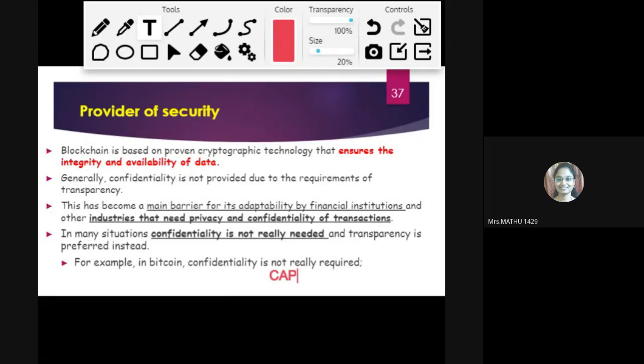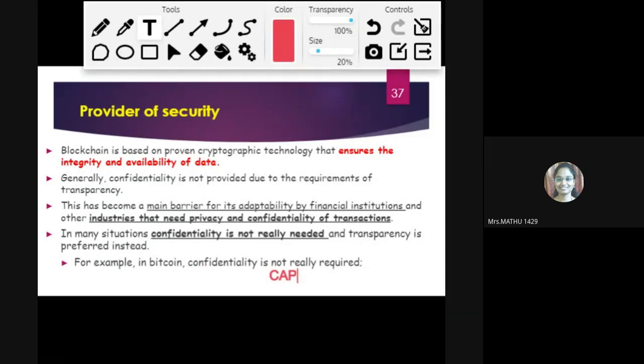But in distributed systems, it talks about the consistency of the data. Now the problem here is that blockchain is applicable to various domains, whether finance or law.